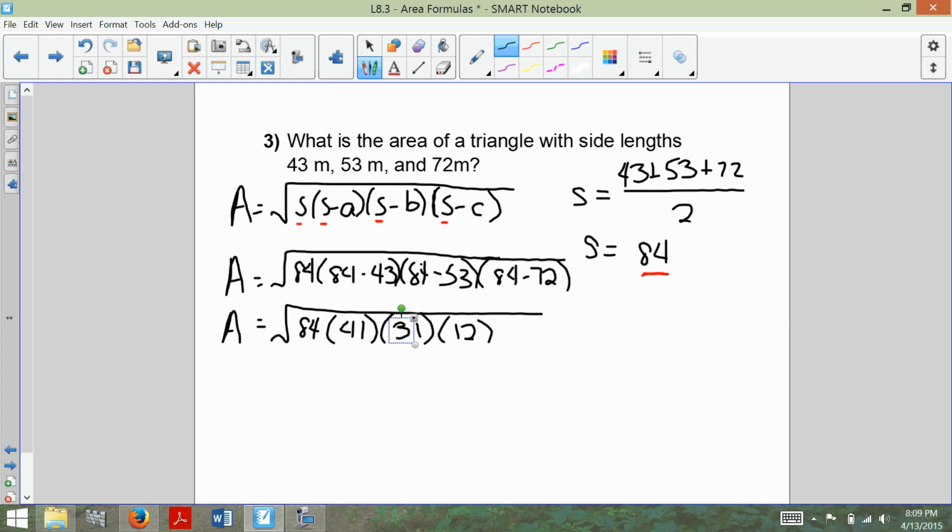So we can multiply these four numbers inside the radical, get a really large number, 1,281,168. And then square root that in the calculator, and we get the area of the triangle, which is approximately 1,131.9 square meters.